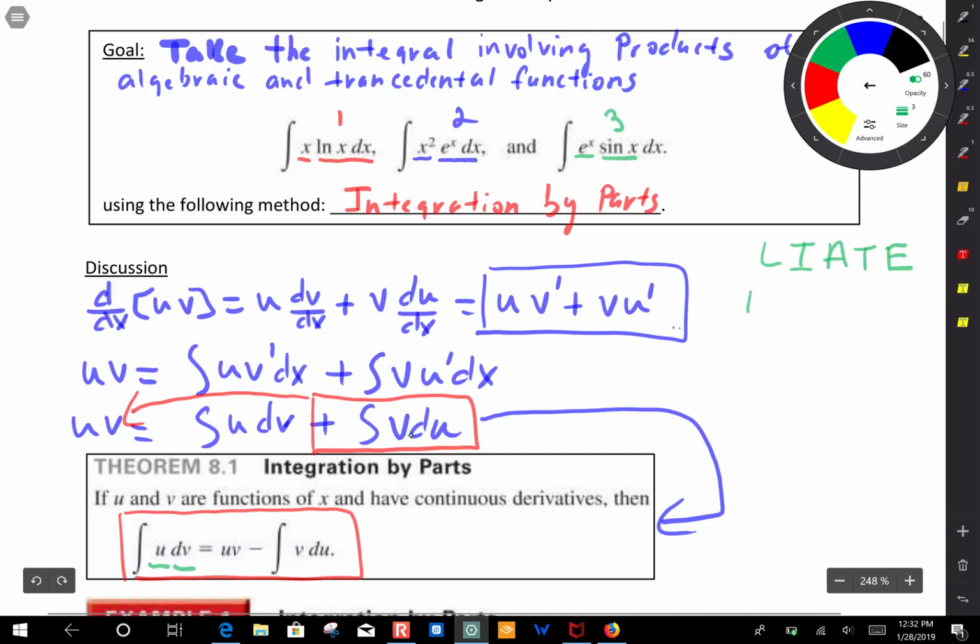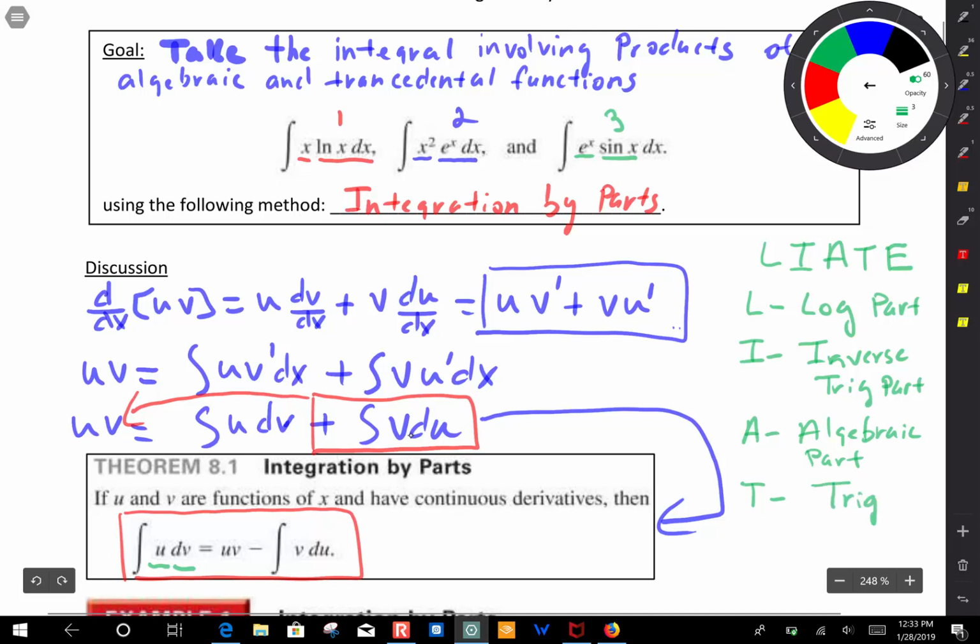The L stands for the logarithm part. The I stands for the inverse trig part. The A stands for the algebraic part. The T stands for the trig part, not inverse trig, just trigonometric part.